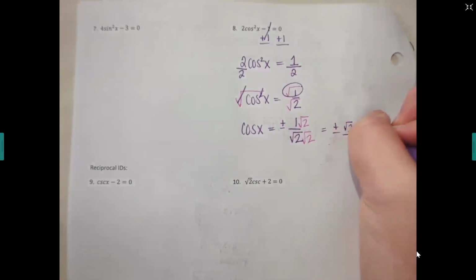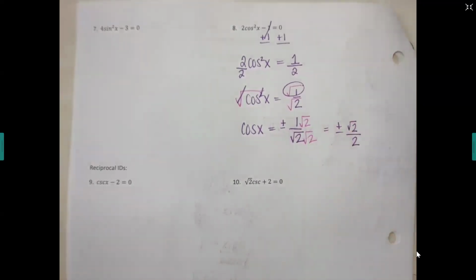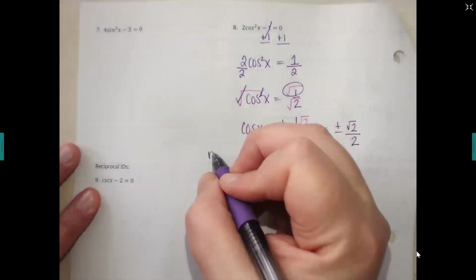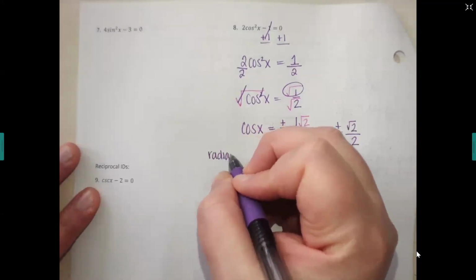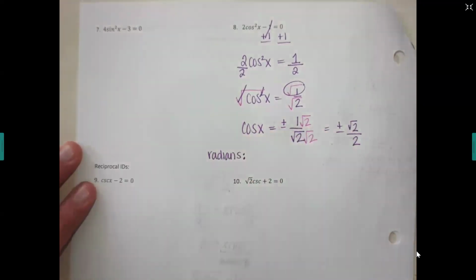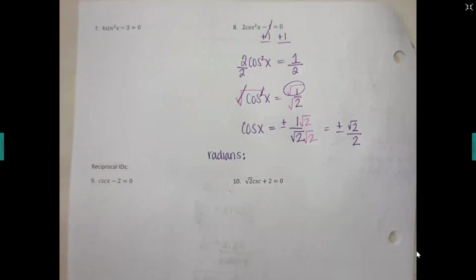So I want root 2 over 2, and then plus or minus. Now, before you list the answers, we're going to work this question in radians. As you read me the answers, we're not going to say the degrees, we're going to say the radians. But remember, it's the same thing. You're just measuring the angle differently.